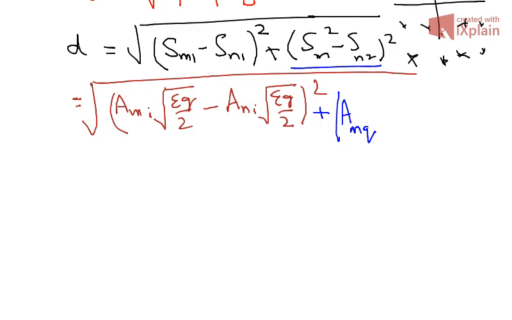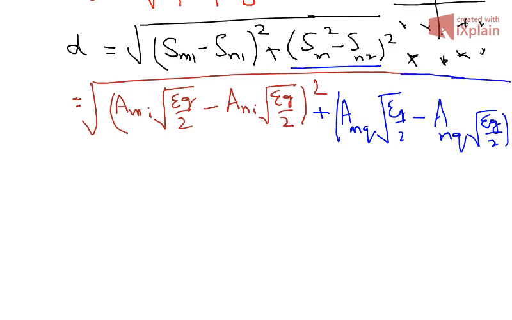Because I'm just using that I and Q notation, AMQ under root EG over 2 minus ANQ under root EG over 2, right? So this whole under root is already there.